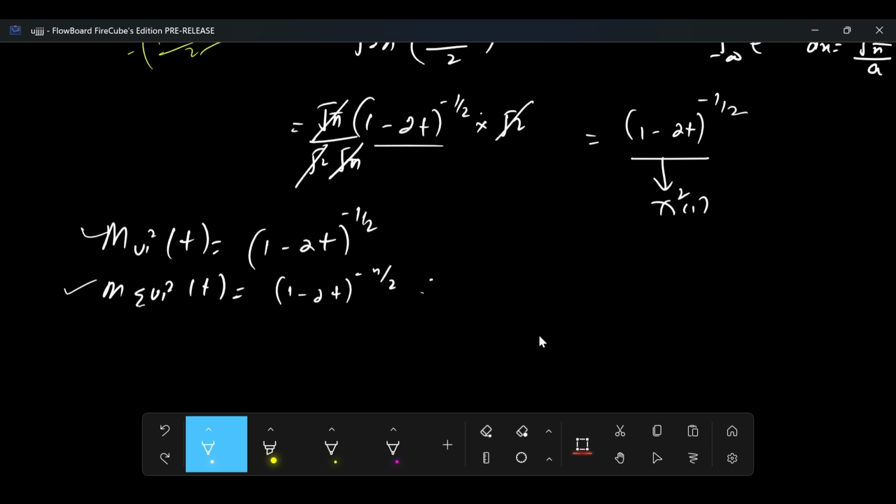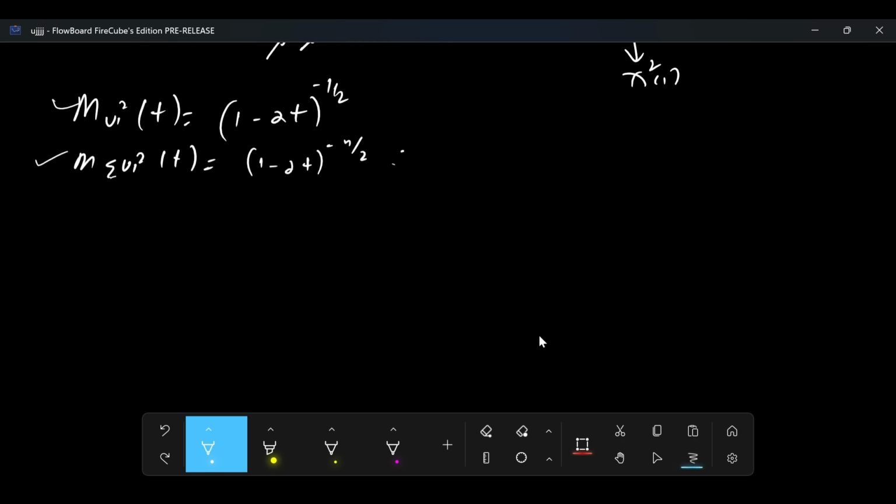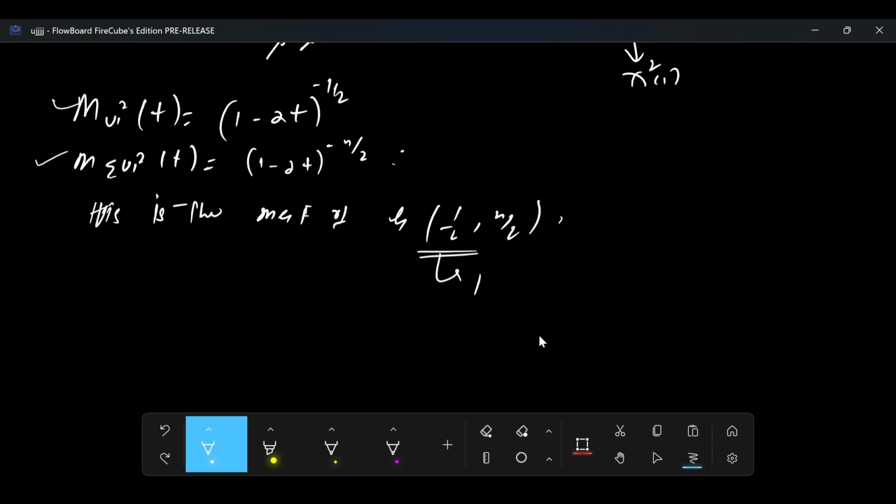So this is the MGF of gamma 1 by 2 comma n by 2. Clear? Now, as you know, what is the PDF of gamma distribution? That is 1 upon gamma alpha times beta to the power alpha, e raised to the power minus beta x, x to the power alpha minus 1.